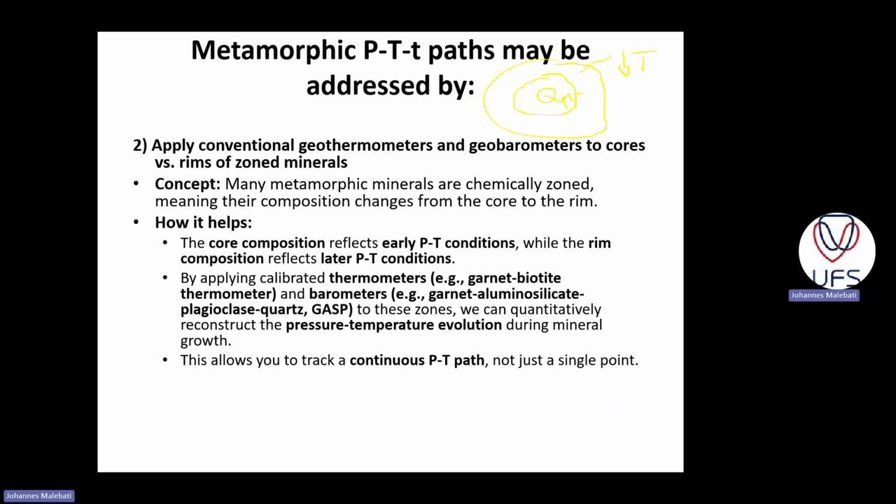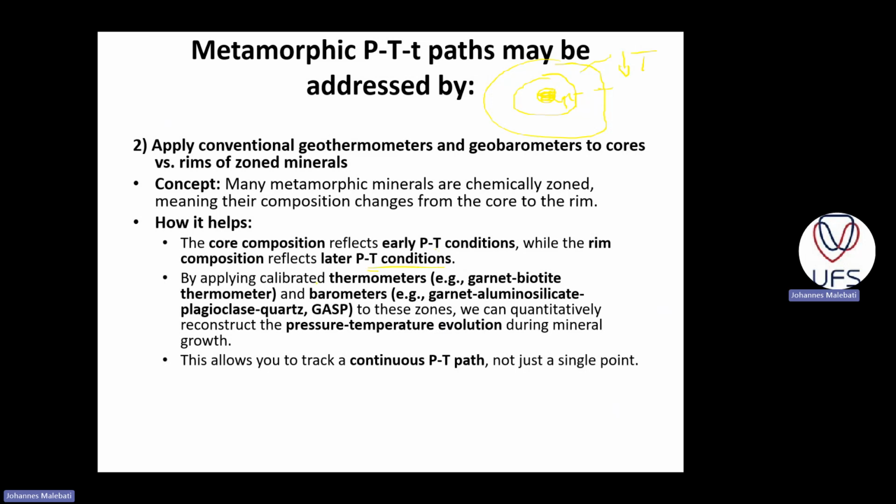So the core composition reflects the early pressure temperature conditions because we formed these first, while the rim composition reflects the later pressure temperature conditions.